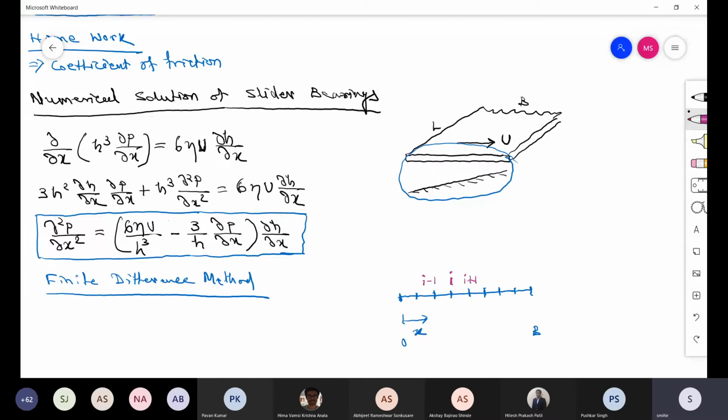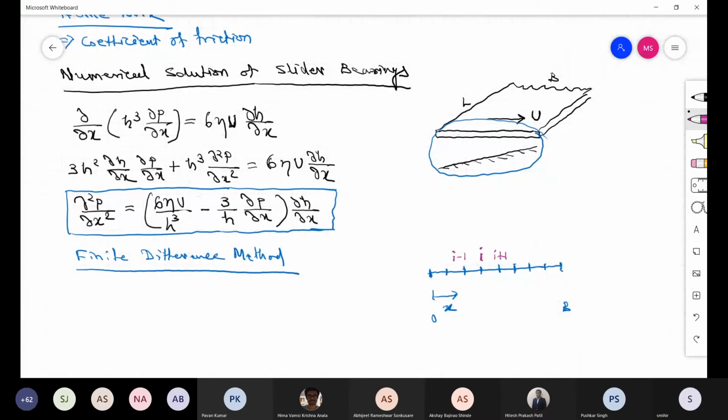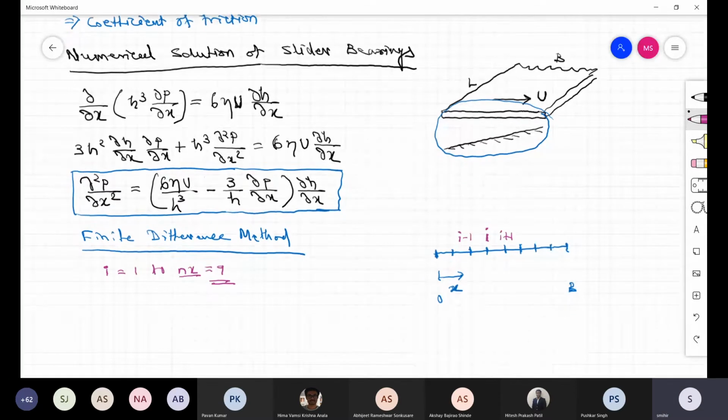Now I varies from I equal to 1 to number of nodes that you select, or nx, let's say number of data points or node points that you select. For this case, let us say number of points are 1 2 3 4 5 6 7 8 9. So nx equal to 9 for particular case we are considering.